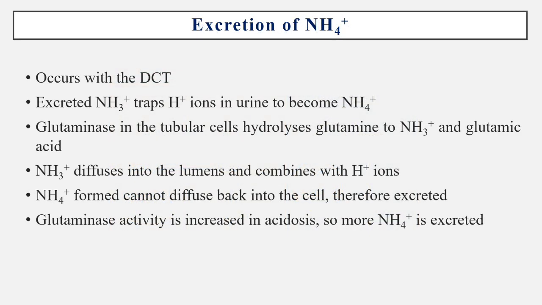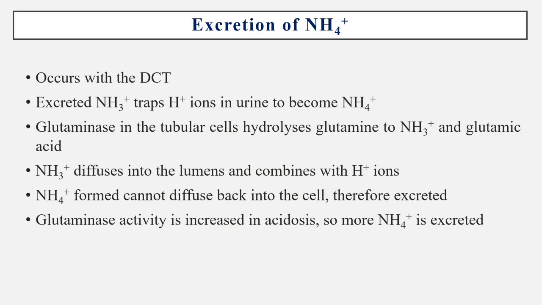Next, coming to the excretion of ammonium ions. It occurs in the distal convoluted tubule. Excreted ammonia traps H+ ions in the urine to become ammonium. This ammonia combines with H+ ions to form ammonium.